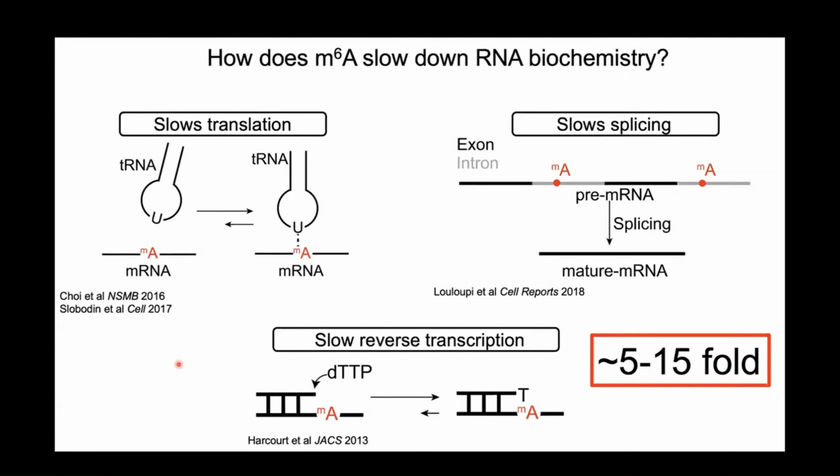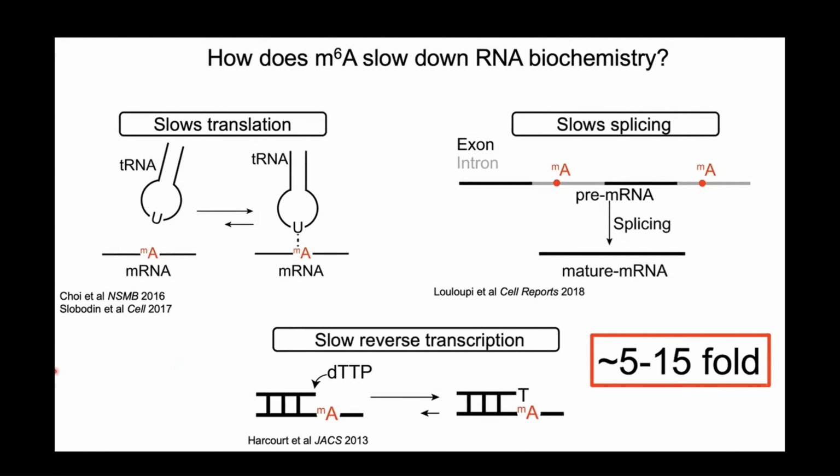But there's also a wide variety of experiments that show that this methylation of adenine doesn't just play the role of being read by proteins, but it also alters the dynamic behavior of RNA. And in particular, it slows down virtually any biochemical reaction you can think of. So if you have a biochemical reaction that acts on your favorite RNA, if you want to slow down that reaction, just put m6A in there, and more often than not, you will observe a slowdown.